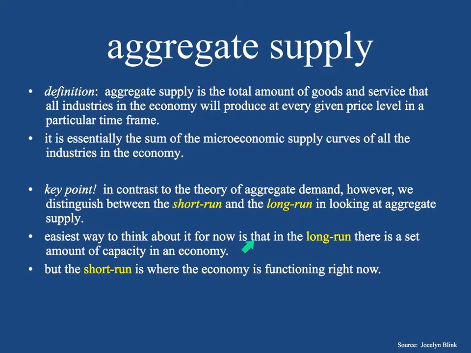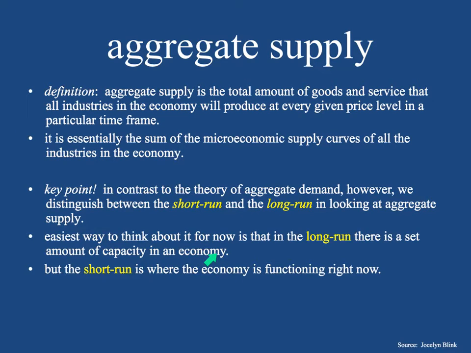The easiest way to think about the difference between the short run and the long run is that in the long run, there is a set amount of capacity in the economy, which means there are only so many people, so many industries. The quantity of things that an economy can produce is set.